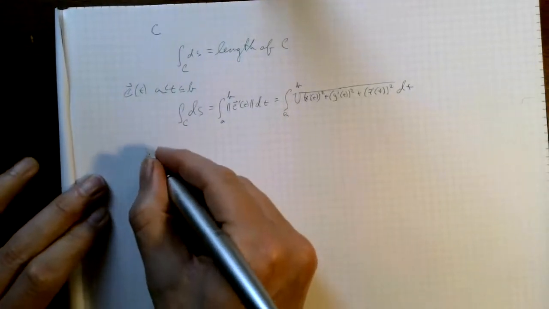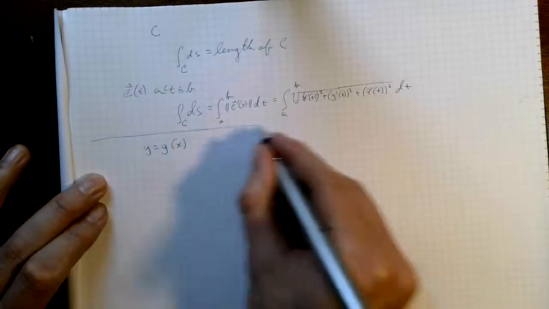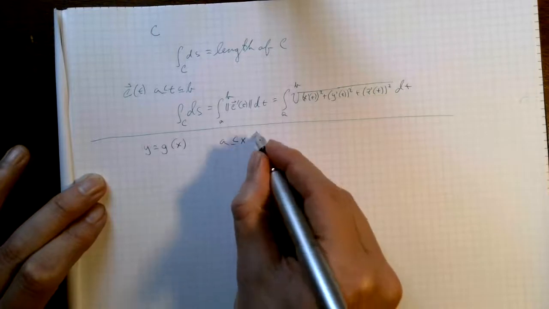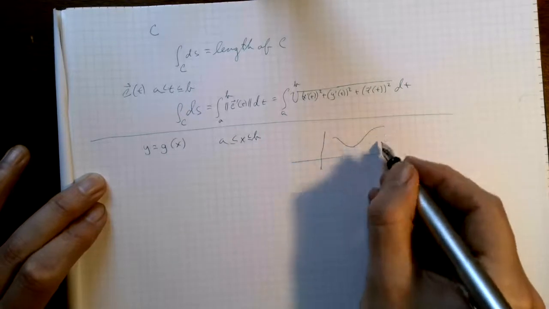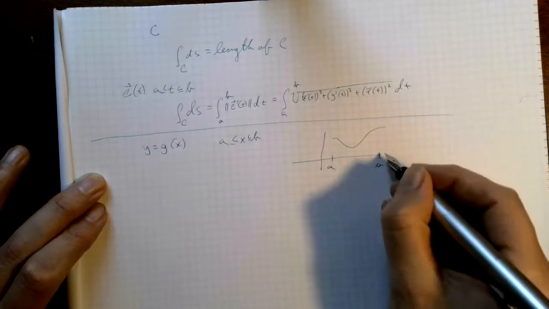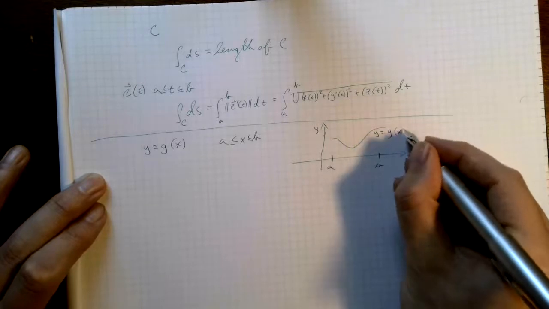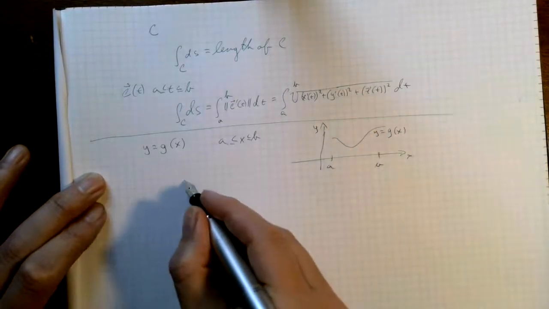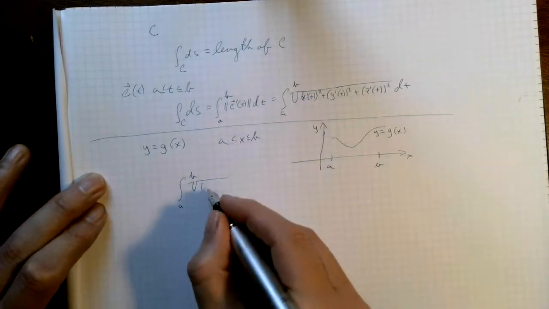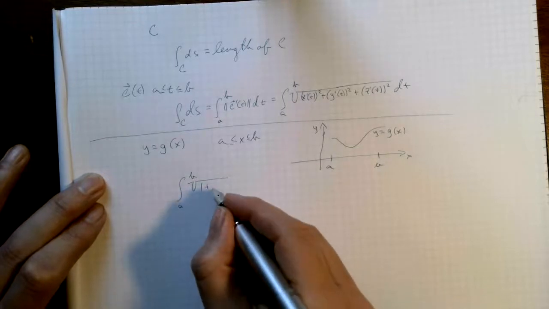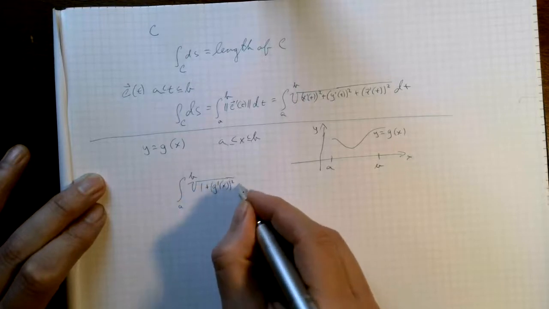If you had the length of a graph of, let's say, g of x, where x is between a and b, with the x-axis and the y-axis, so this is y equals g of x, then the length of this was given in Calc 1 or Calc 2, wherever it is done, as the integral of the square root of 1 plus g prime of x squared dx.